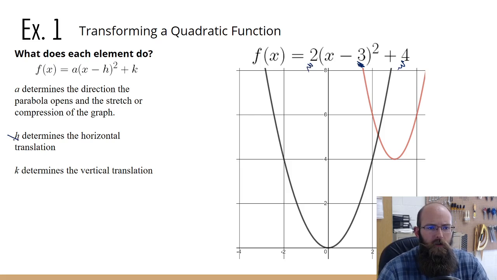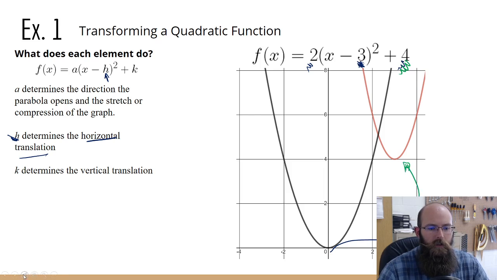The h, right here connected to your x, does our horizontal translation. That's what shifted us to the right 3 units by that 3 there. Then we had a vertical translation as well. It's the 4 here. That means we then went up 4 units.